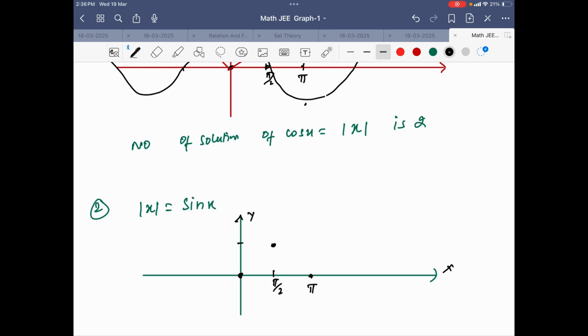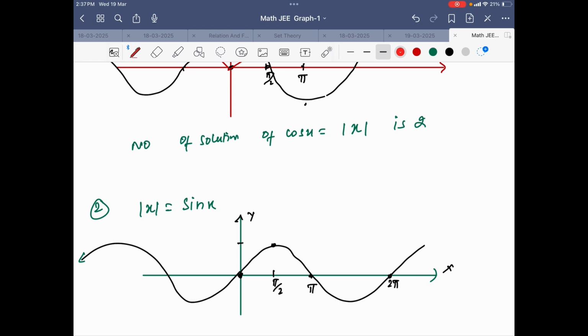The graph goes like this. The period of the sine function is 2 pi, so it repeats after every 2 pi interval. Now you can draw the mod x curve and see whether intersections exist.